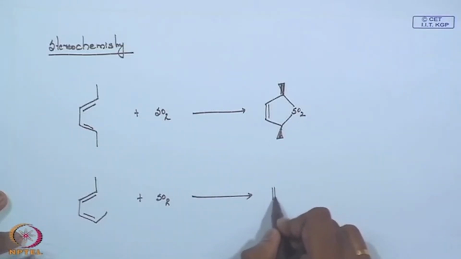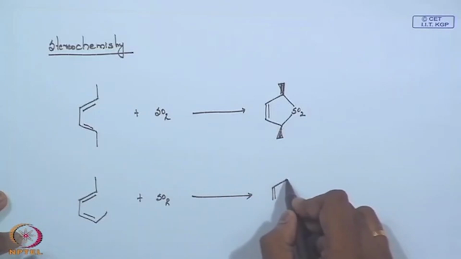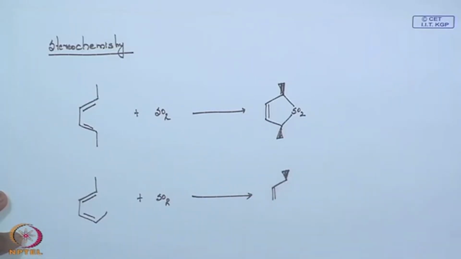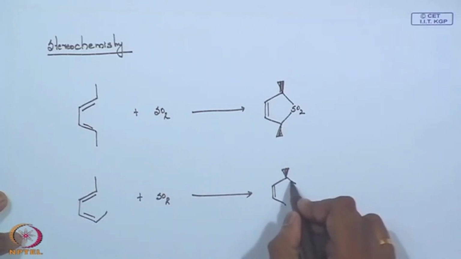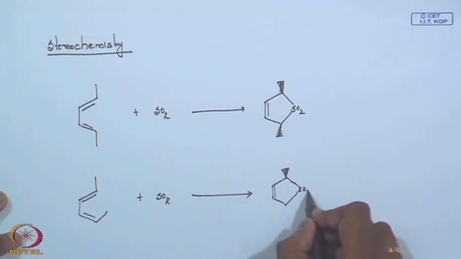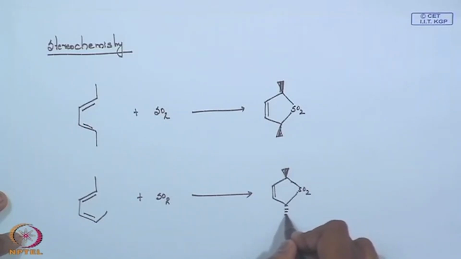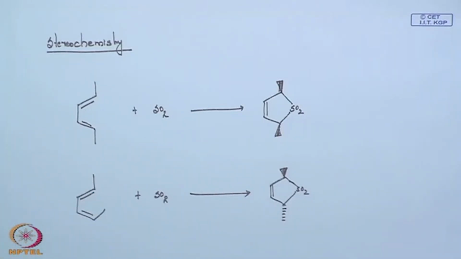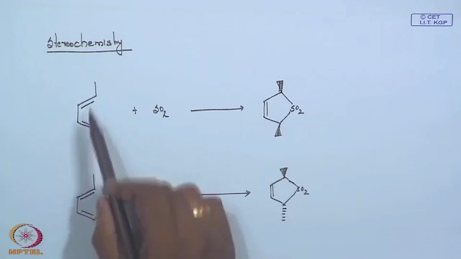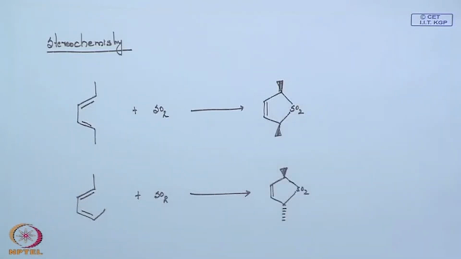You get a system, you get a very specific product. In both the cases, you get a specific product.